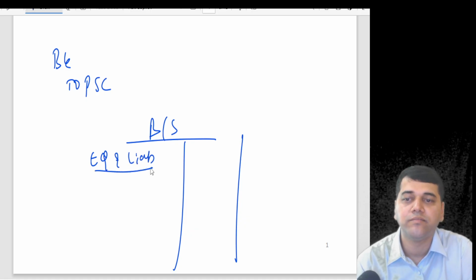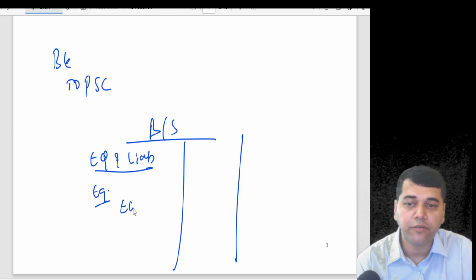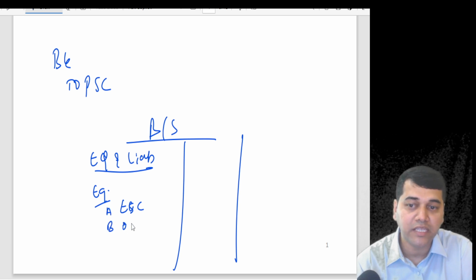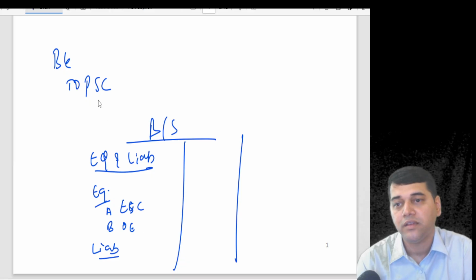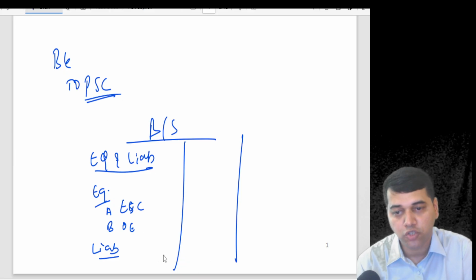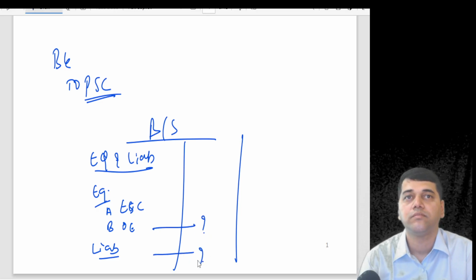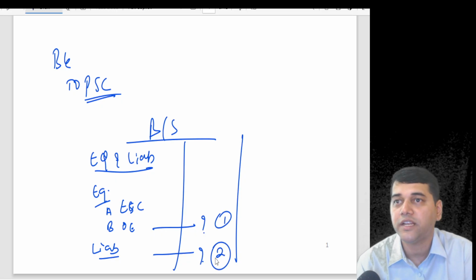This is my head. The second head is equity. Under equity, I have equity share capital, part A, part B, other equity. Then starts the liability. Now tell me, preference share capital, will I show here or will I show here? This is 1, this is 2. Under heading 1 I will show, or under heading 2 I will show.